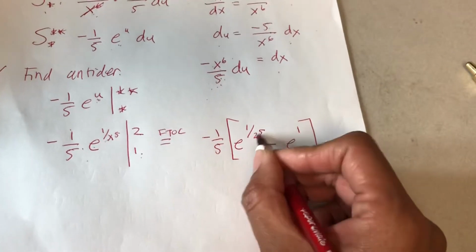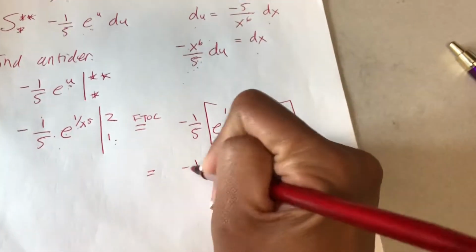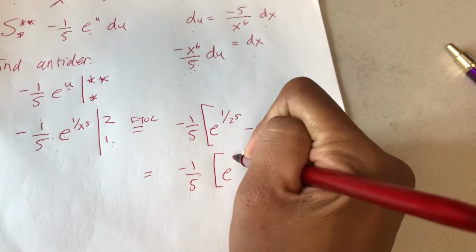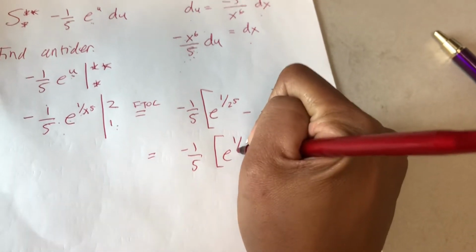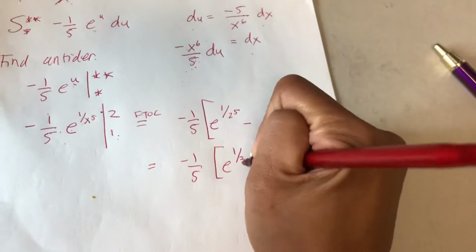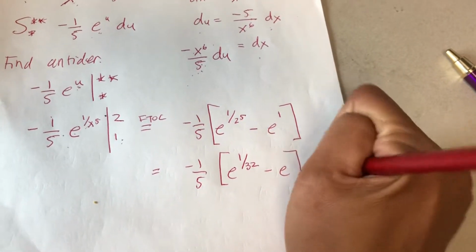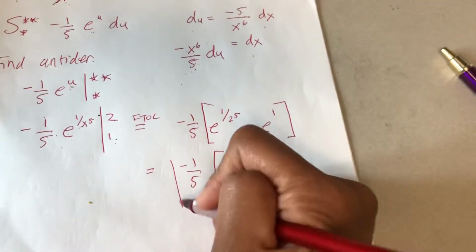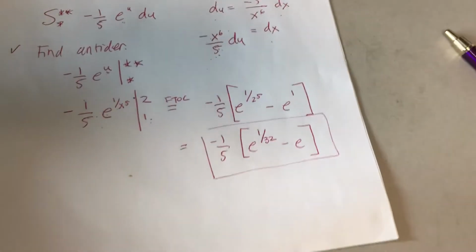When I do this, 2 to the 5th is 32, so e to the 1 over 32 minus e. And that, my friends, is the final answer.